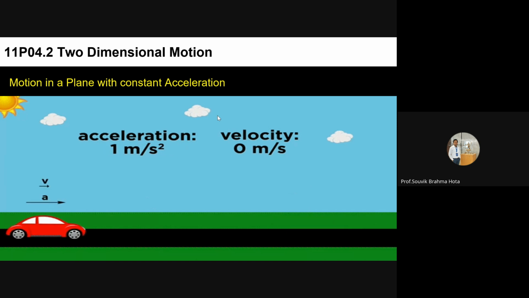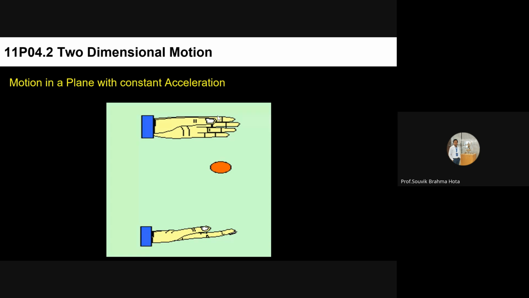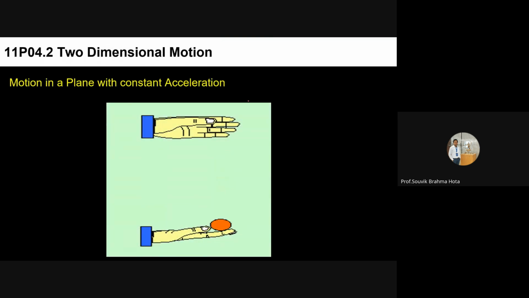Now see, motion in a plane with constant acceleration. In case of motion under gravity also we can consider this. See here, if you have a ball that is thrown in this direction and you are catching it, generally you can consider two things.